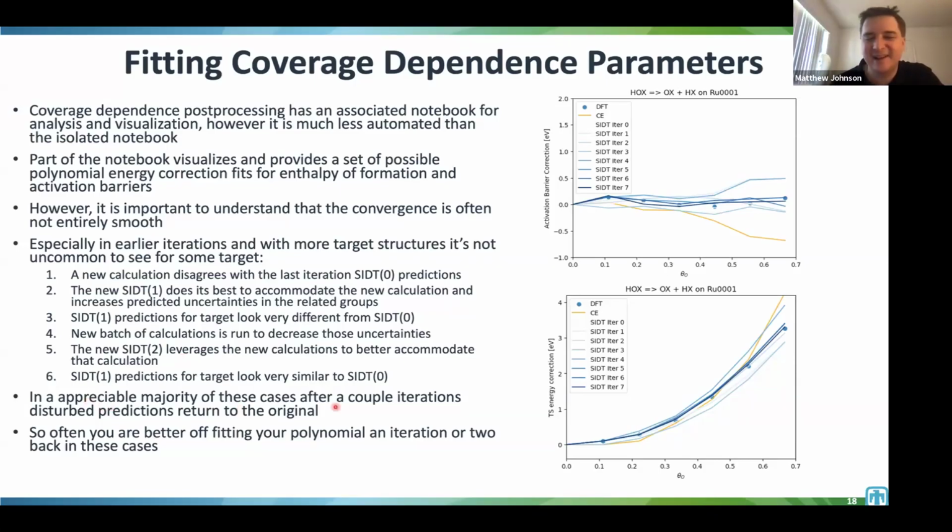So in most cases, if you see a disturbance that's very different from what seems like a convergence, as you might look in this region, where you can see these are converging, you may be better off fitting back at that region that was converging than taking some disturbance. Usually these get fixed in the active learning iteration. And this can let you get better accuracy in a few less iterations.